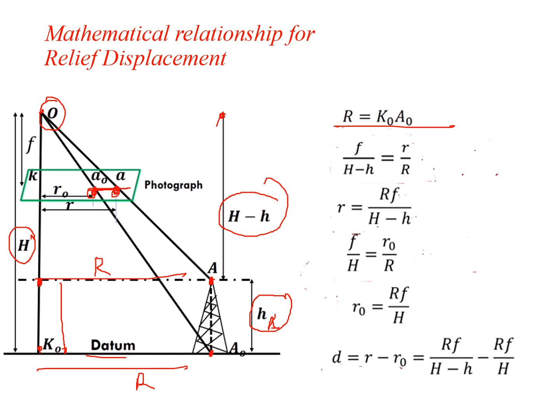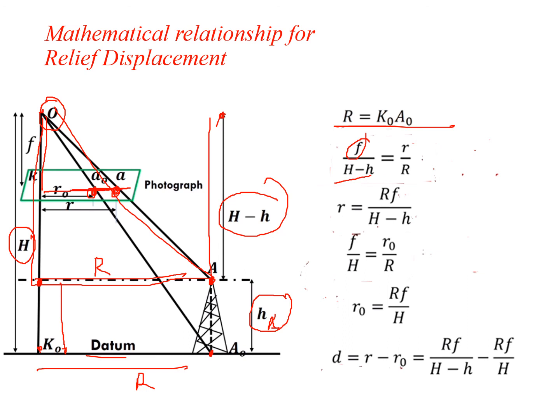You know that k0 and a0 you can see here. Now if you take the similar triangles, what is the similar triangle? The focal length f is one side. If you consider this triangle first, f is this vertical height from here to here, and the other is this vertical height. So the ratio of these two is equal to the ratio of this distance up to here.